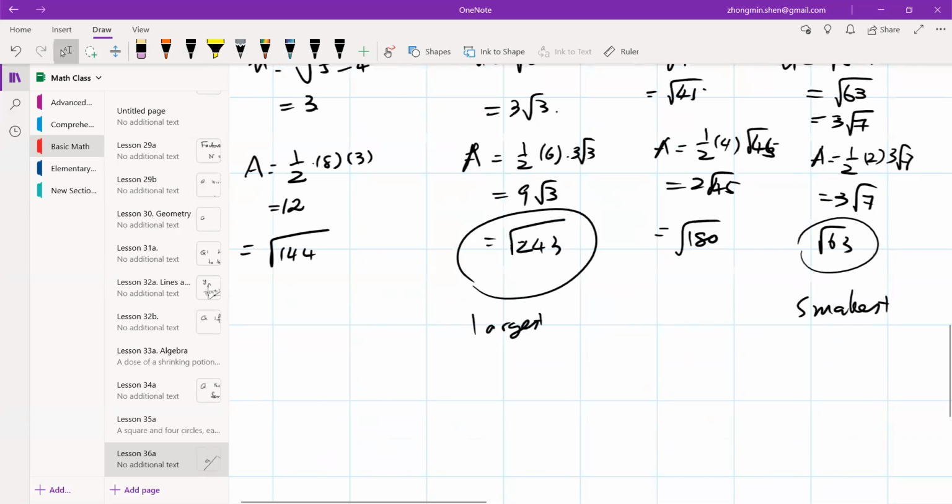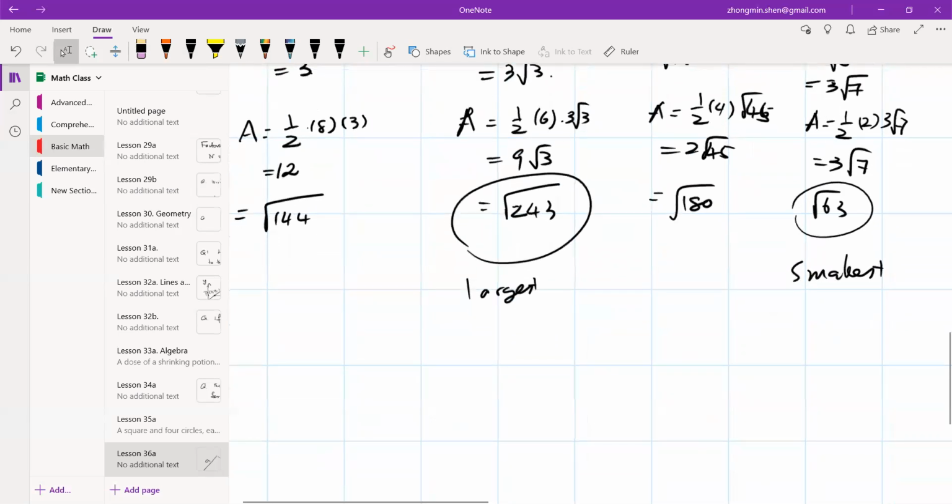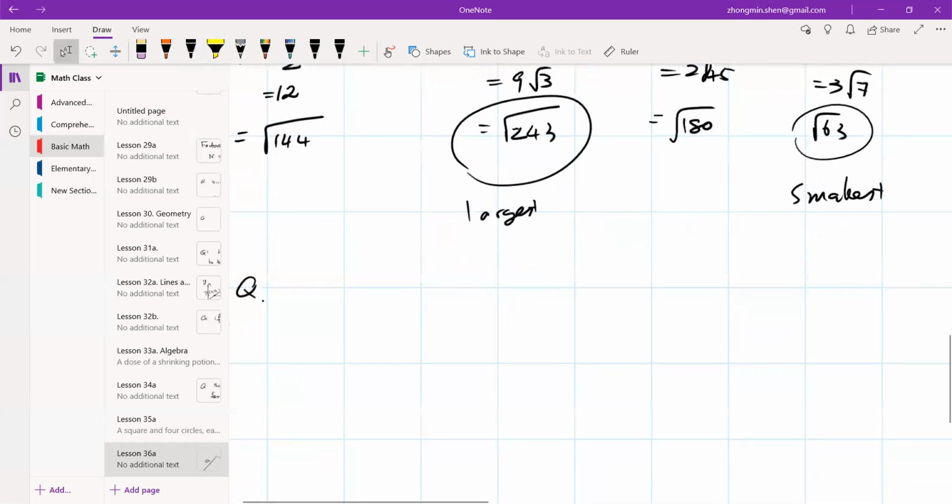We know the Pythagorean theorem, we know the triangle inequality, right? My next problem will be as follows.